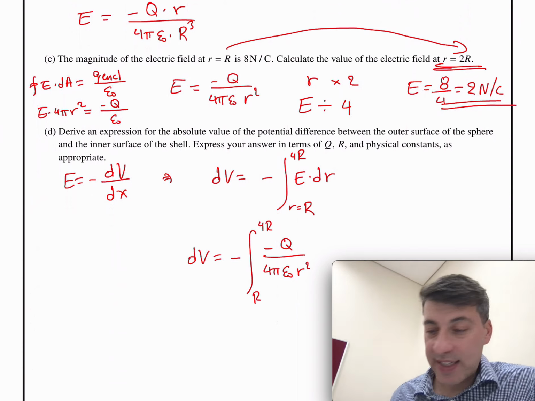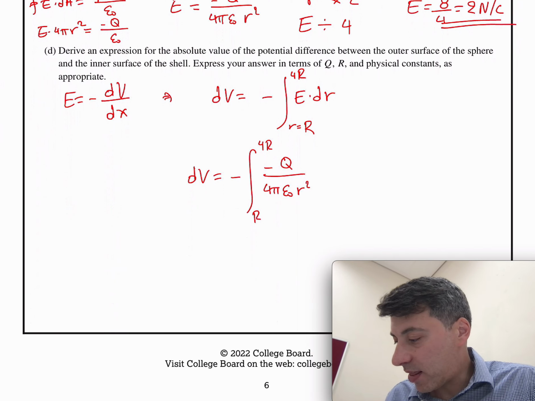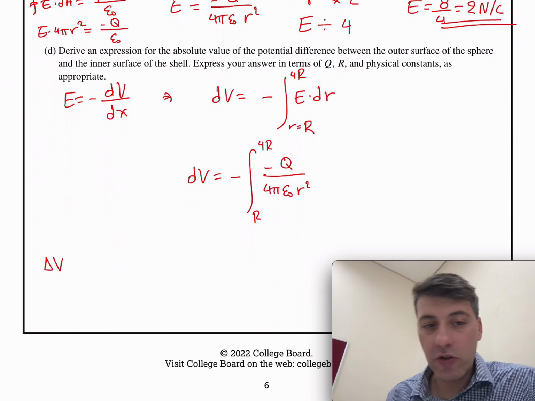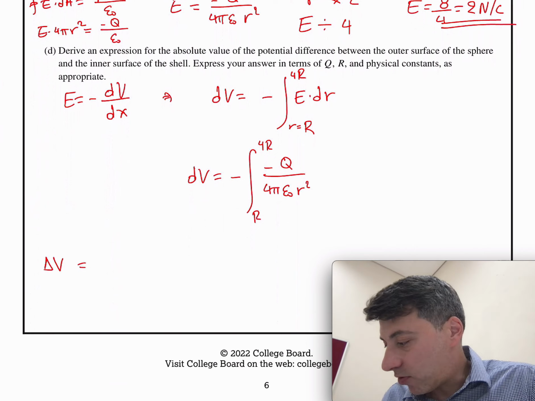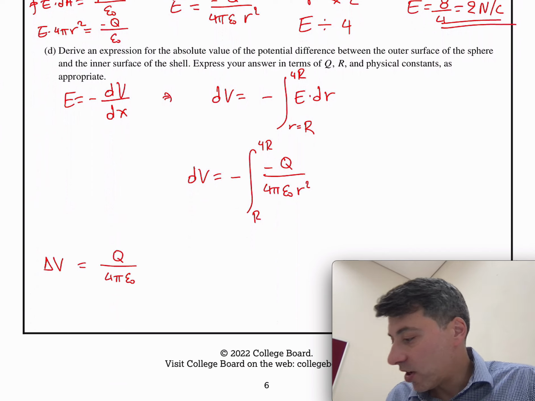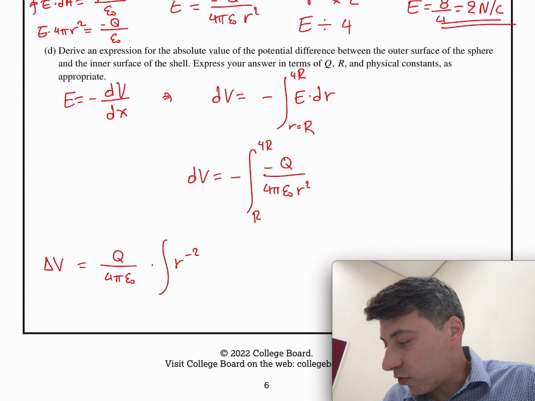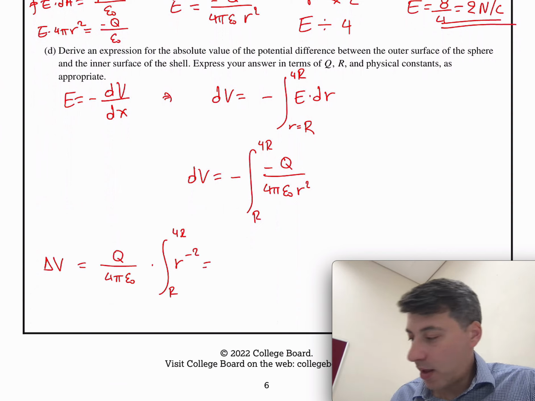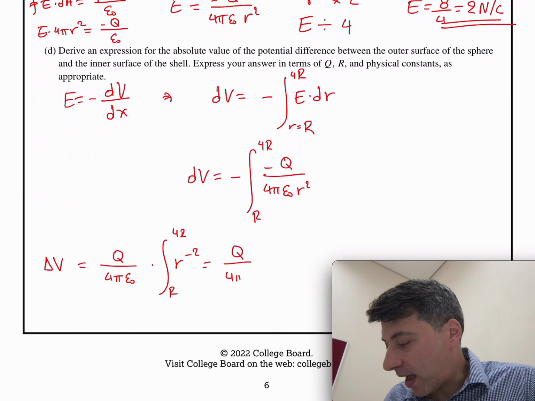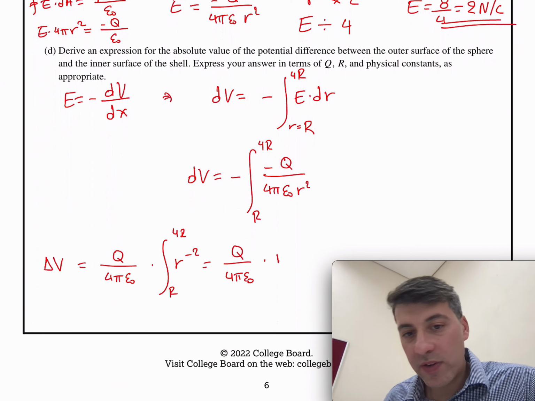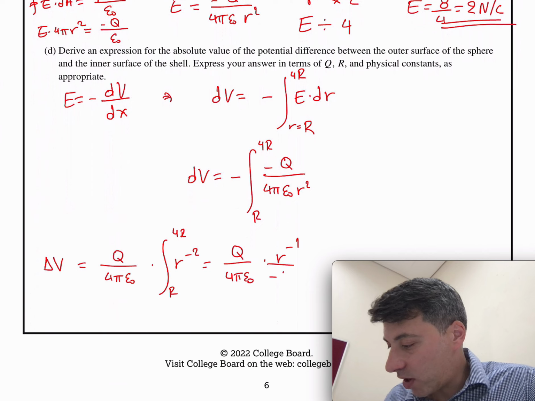The minuses cancel out, and we get that the change of potential is equal to q over 4 pi epsilon naught. Now the integral of r to the power of negative 2 between r and 4r is q over 4 pi epsilon naught times r to the power of negative 1 over negative 1.